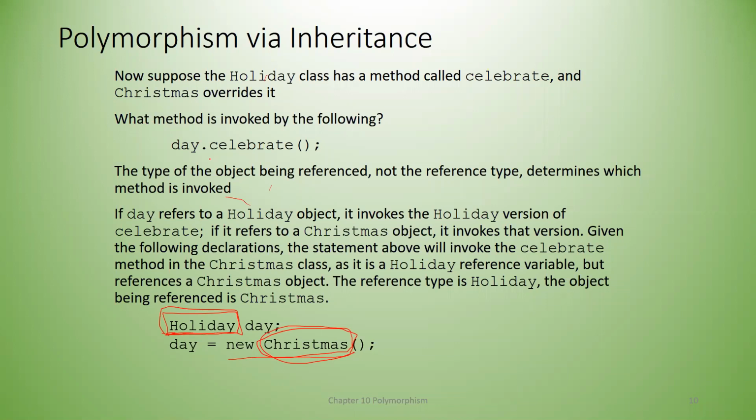At runtime, which method body is being used depends on what type of object this is. If it's a holiday object, if it's new holiday, for example, then it will bind with the method in the holiday class. But in this case, it's a Christmas object, so it will go to the Christmas class and bind with that method body. That's what this is saying. Questions, everybody?